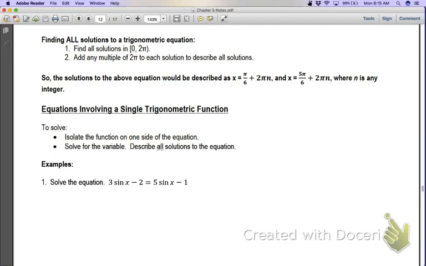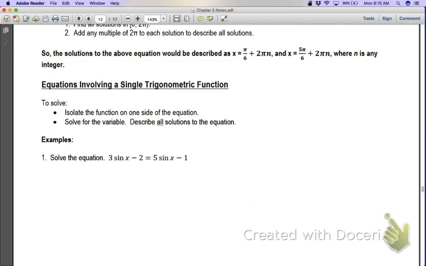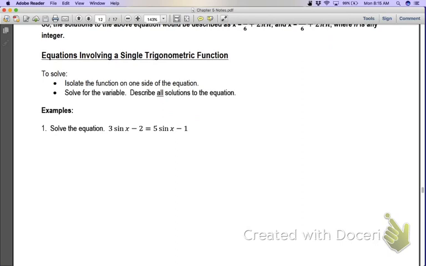So whenever we actually solve a single trig function, the first thing you want to do is isolate the function on one side of the equation, solve for the variable, and then describe all the solutions to the equation.